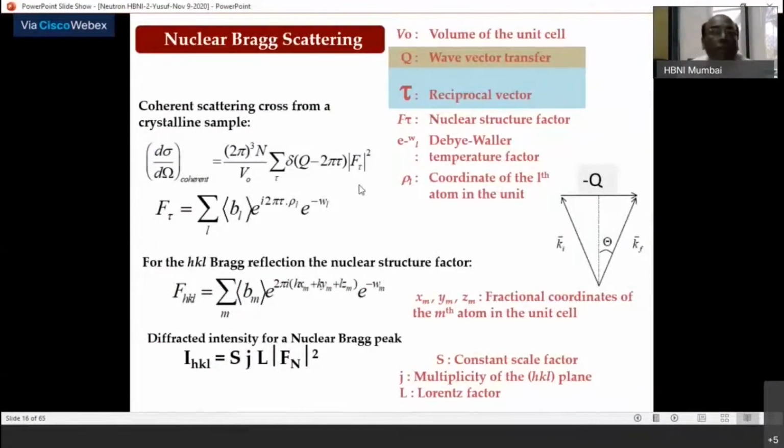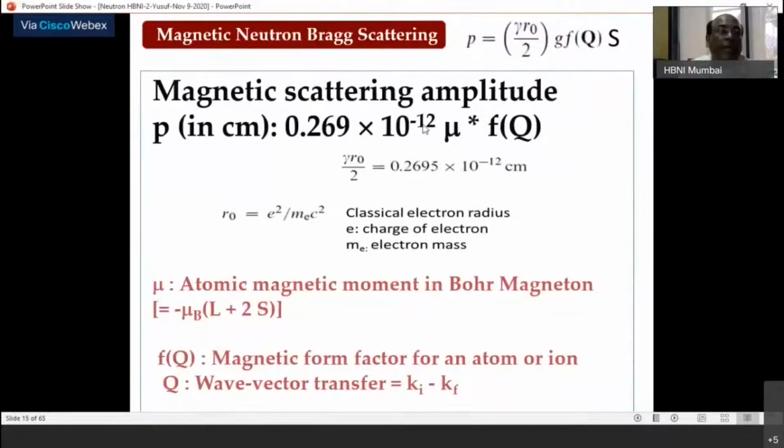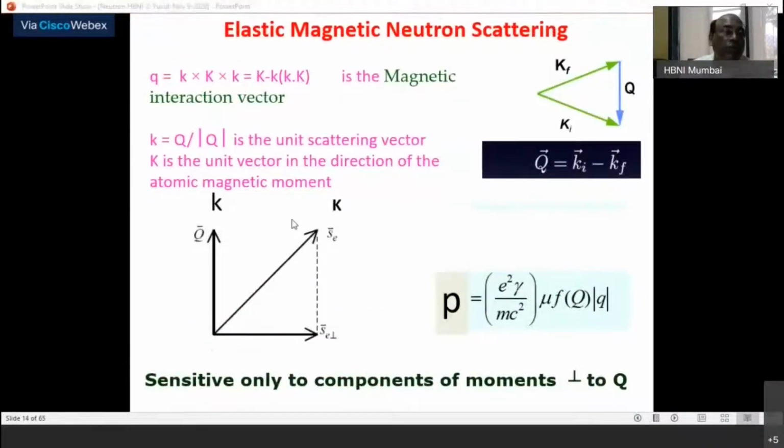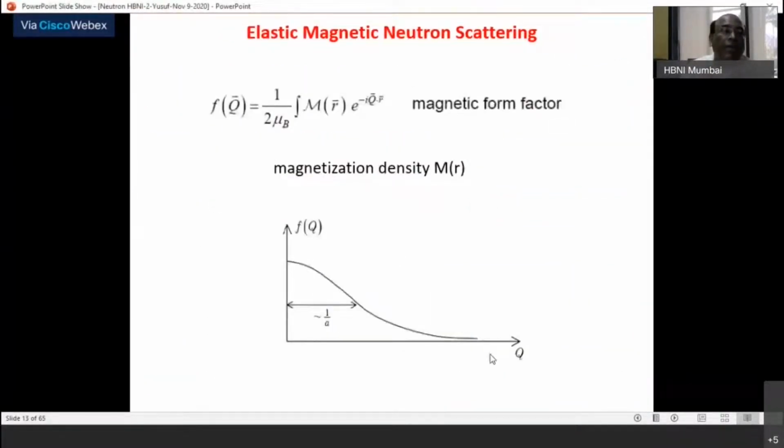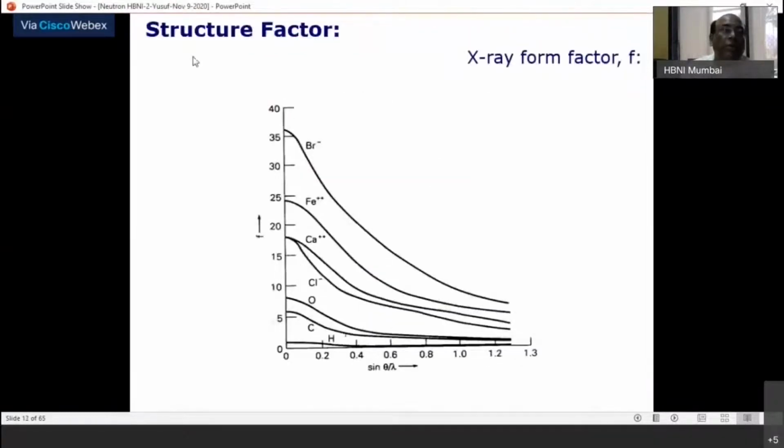So far, I only introduced the magnetic scattering length, which in the case of the nucleus is b. I also talked about which part of the moment is effective. I also talked about the magnetic form factor, and the X-ray case, the X-ray form factor.